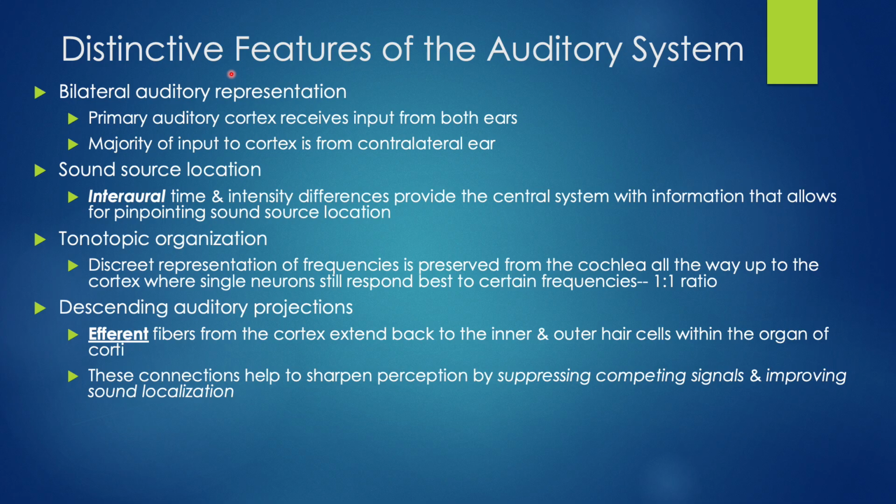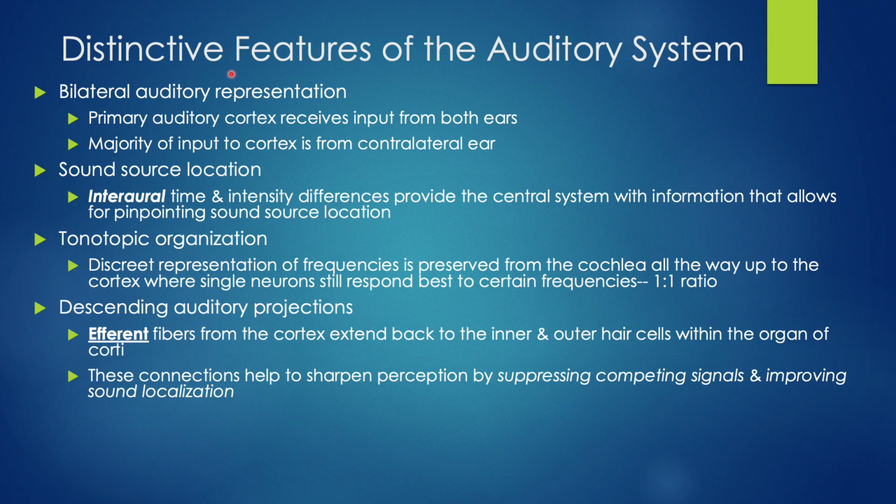And remember, we said we had a one-to-one relationship with hair cells and neurons in Heschl's gyrus that are also tonotopically organized. Sound source location is determined by interaural comparisons of the differences in the timing and loudness of the sound between the ears. Tonotopic organization is maintained from the cochlea all the way up to Heschl's gyrus.